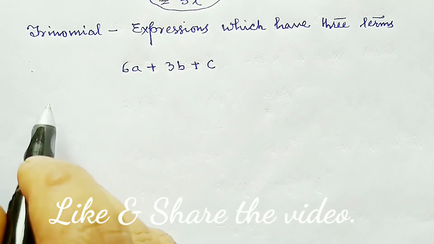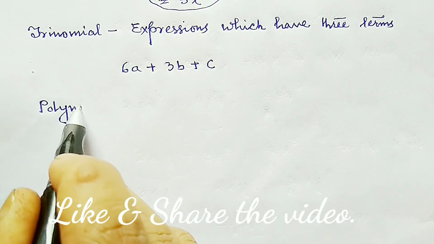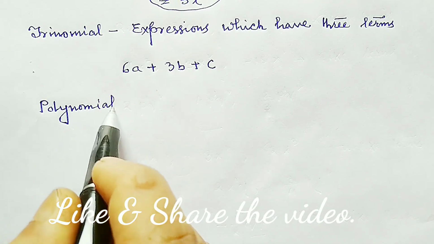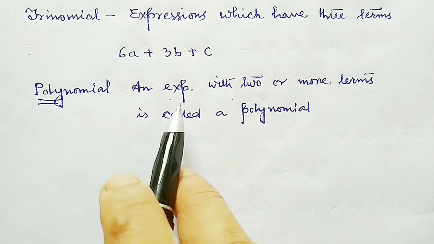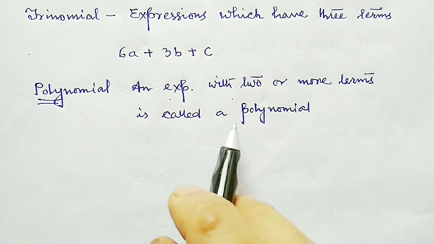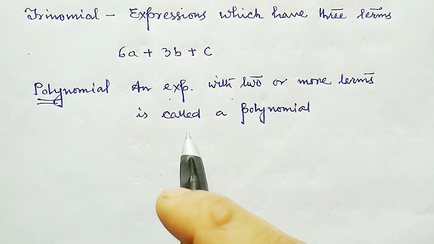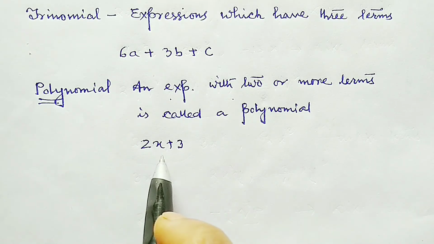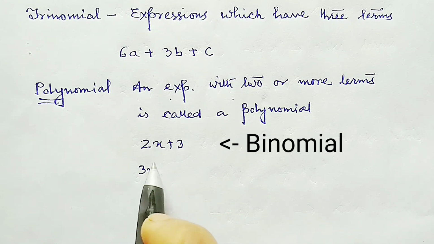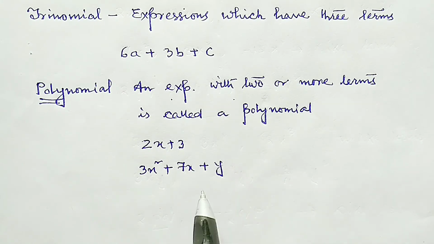And in general we can use another term which is called polynomial. Poly means many. So what are polynomials? An expression with two or more terms is called a polynomial. So binomials and trinomials are also polynomials. If I write 2x plus 3, it is a binomial. 3x square plus 7x plus y, this is a trinomial.